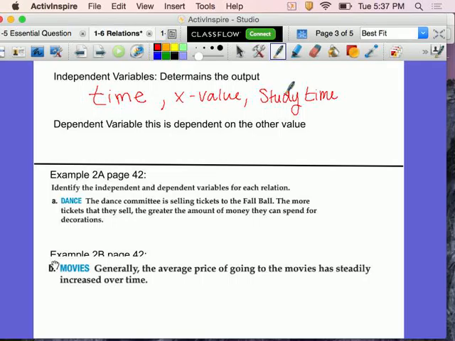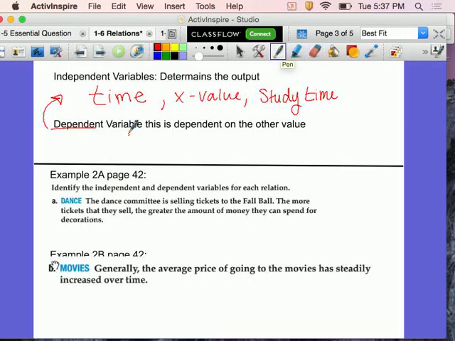Now, a dependent variable is something where it's dependent on all that stuff up there. So whatever it is, miles, how many miles you traveled over 2 days. So that could be one. And there's a lot of different things a dependent variable can be. You have to think about the situation.